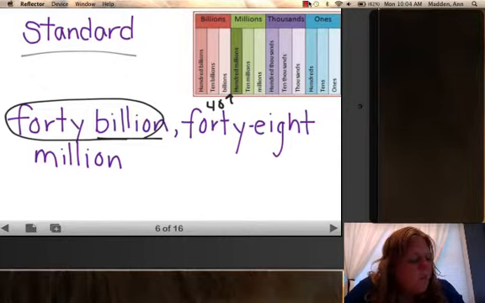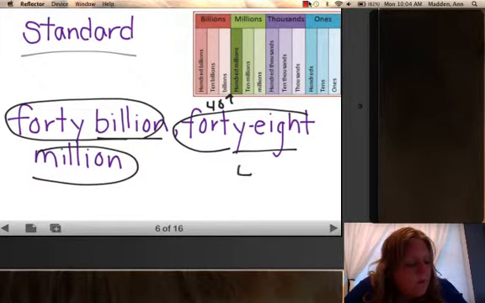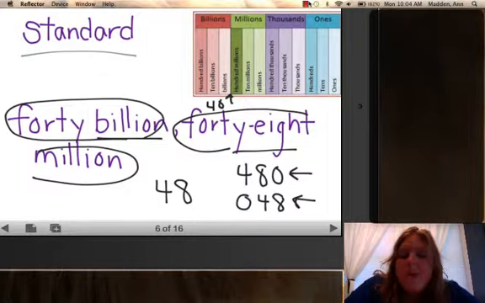Now I hear 48 million, which would probably belong in the millions category. 48 million. Now I have 2 choices. 48 like this or 48 like this. Well, why would I do it only 2 choices? Usually 48 just looks like that.